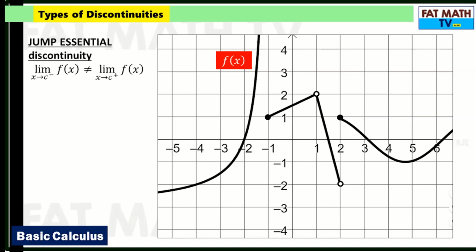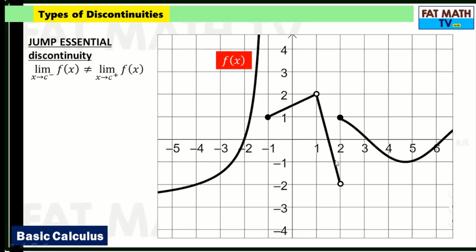Okay, the second type of discontinuity is the essential discontinuity. We have two of them. First is the jump essential discontinuity. That happens when the limit of f of x as x approaches c from the left is not equal to the limit of f of x as x approaches c from the right. So it happens in this graph at x equals 2.